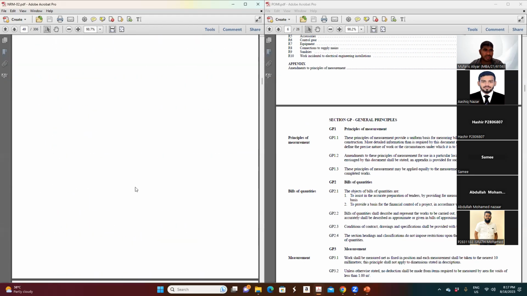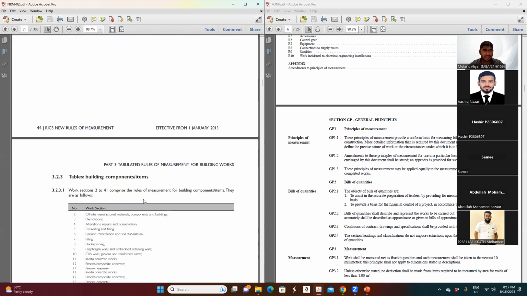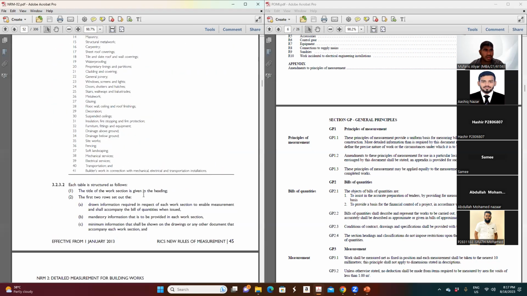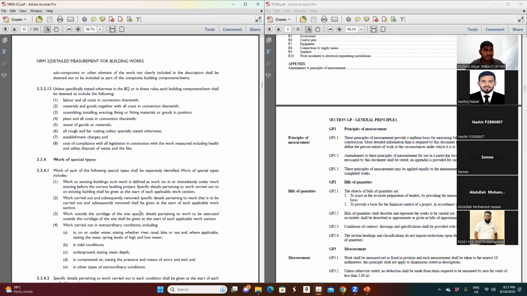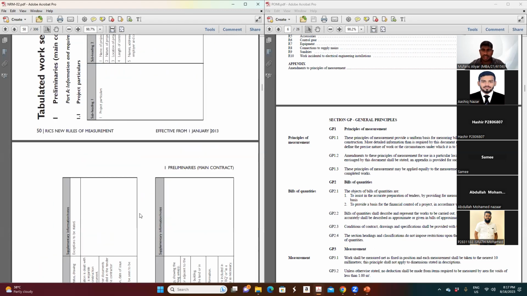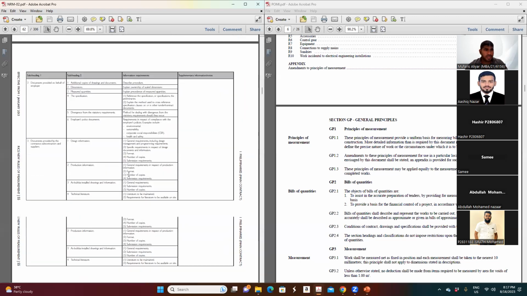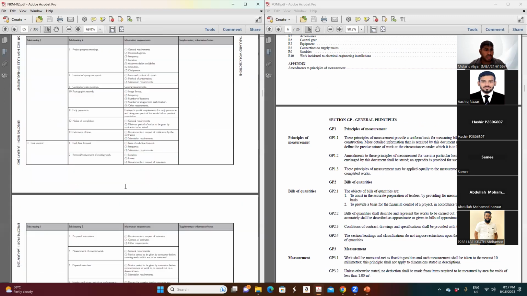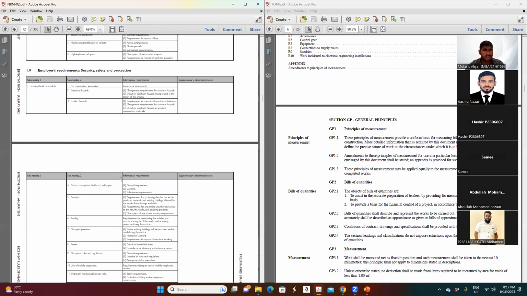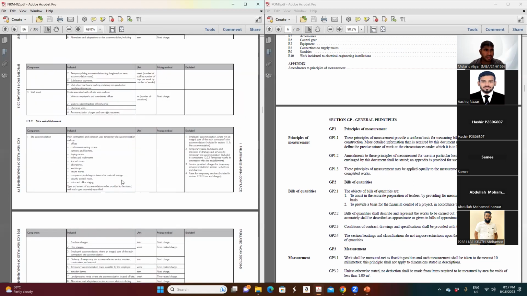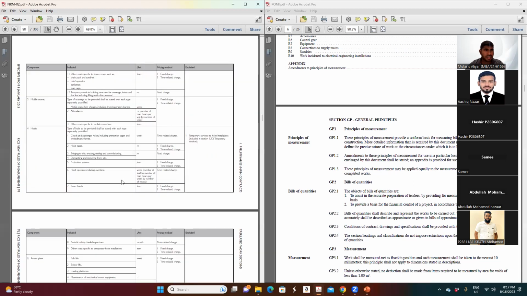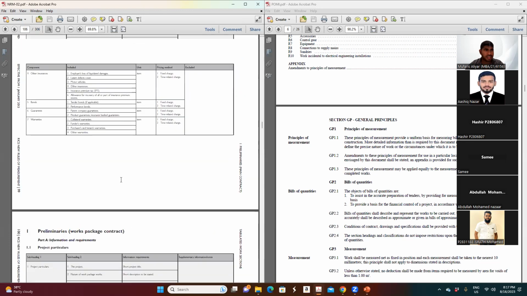codings. For example, you'll understand here. This is preliminaries. We have very vast PhD studies on the preliminaries.